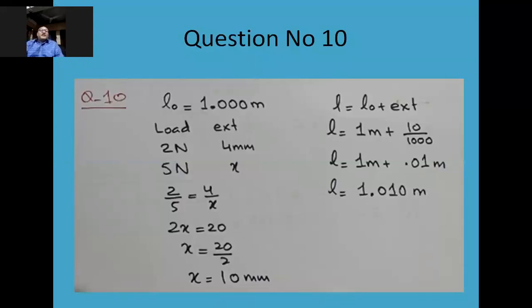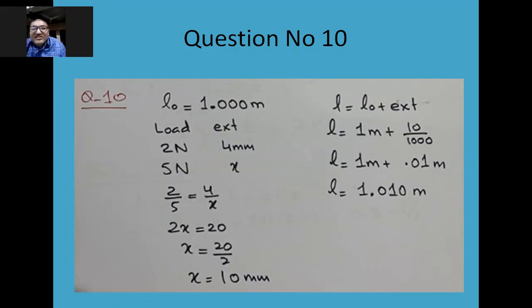L naught means unstretched length, or the length when there is no load. That's 1 meter. He says when I put 2 Newton load, the 4 millimeter extension is produced. So when you put a further 3 Newton on it, the total load will become 5 Newton. So what will be the extension?